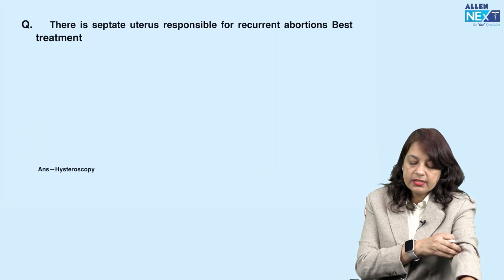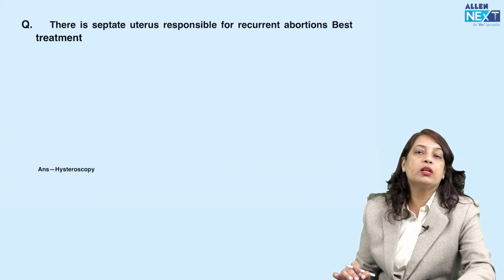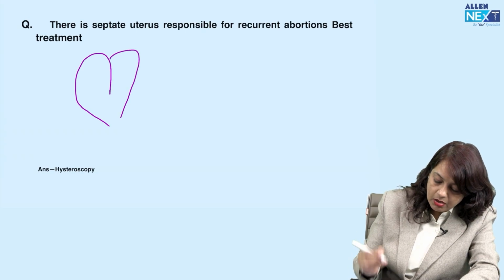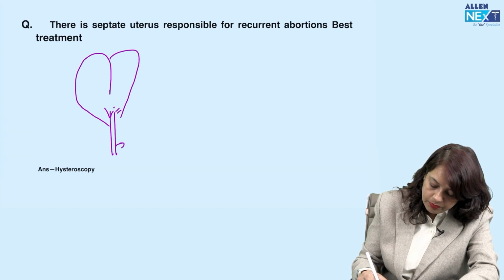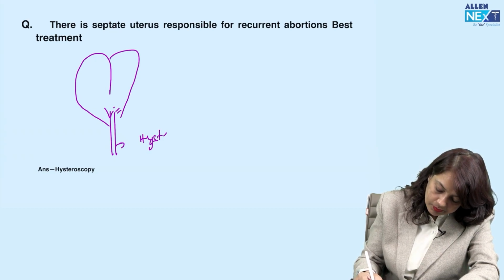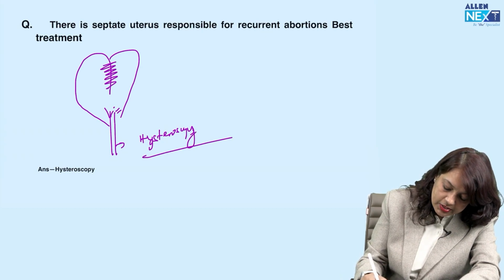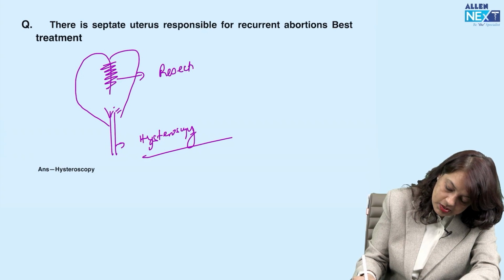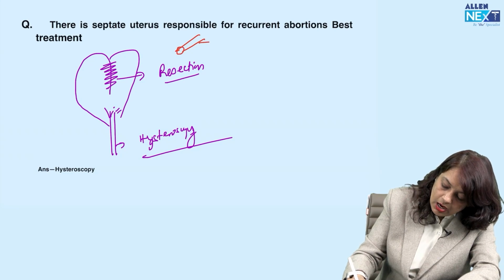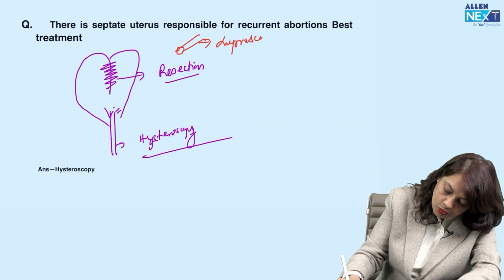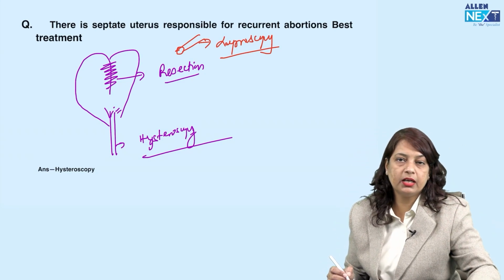Now next, there is an image given of the septate uterus responsible for recurrent abortions. What will be the best treatment? Always the best treatment is hysteroscopy. I am going to put in a hysteroscope, and I am going to do the resection of this septum, but I am going to do it under guarded laparoscopy because while I am doing the resection of the septum, I might perforate the uterus.